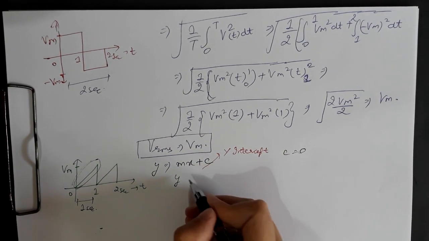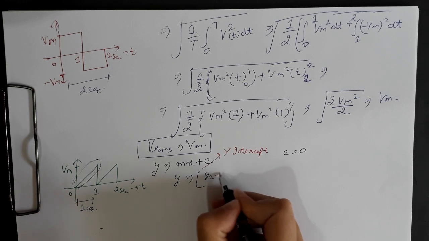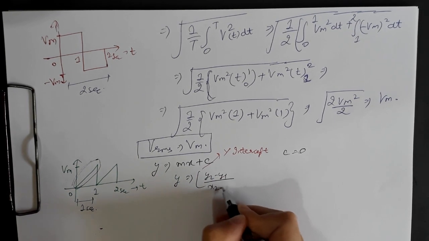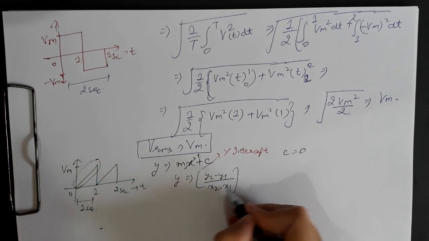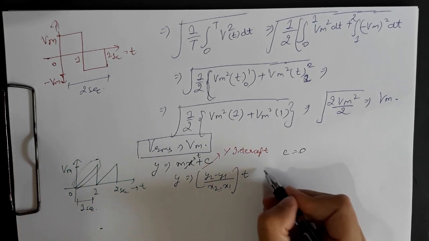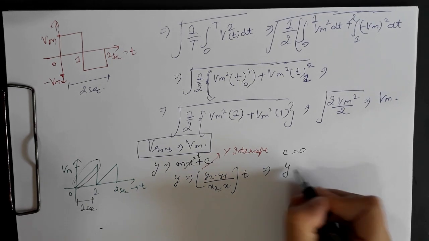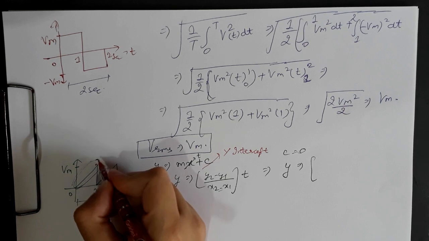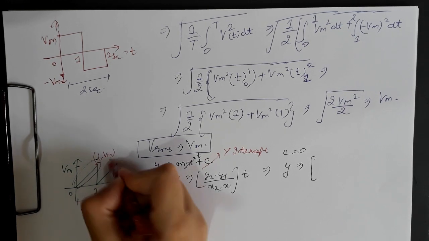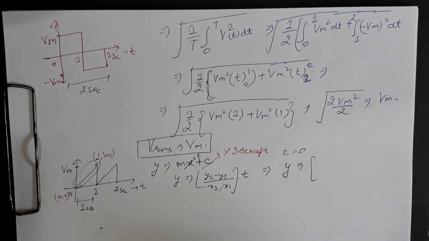So y is equal to slope, which is y2 minus y1 upon x2 minus x1, into t, take it t so that there is no confusion of x terms. This is t. Now the coordinates of this point are 1 comma Vm and here 0 comma 0.